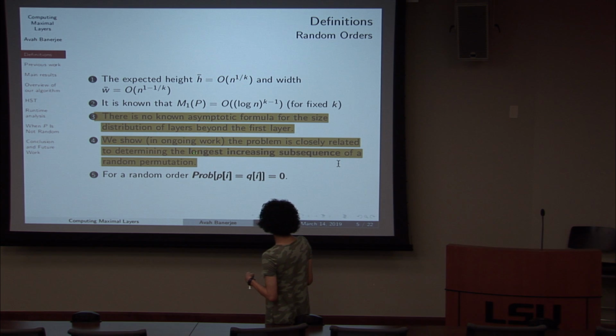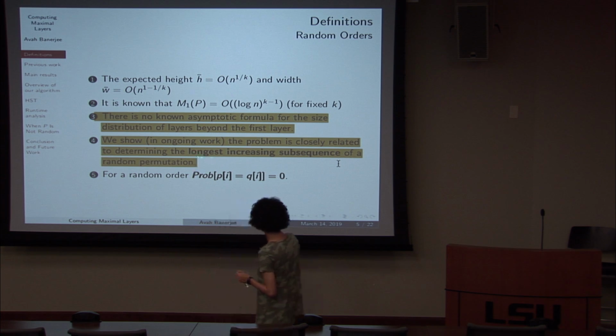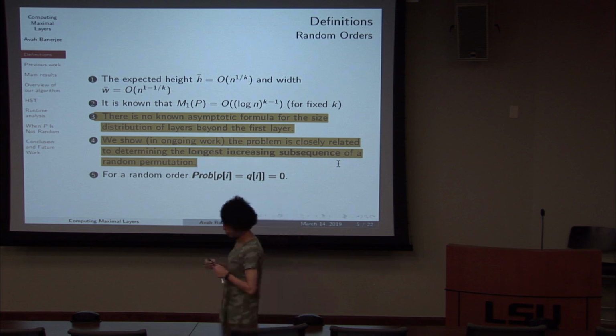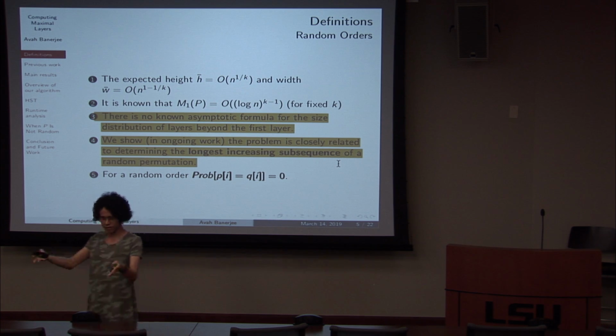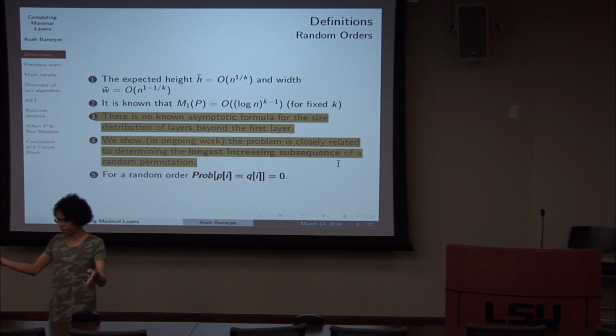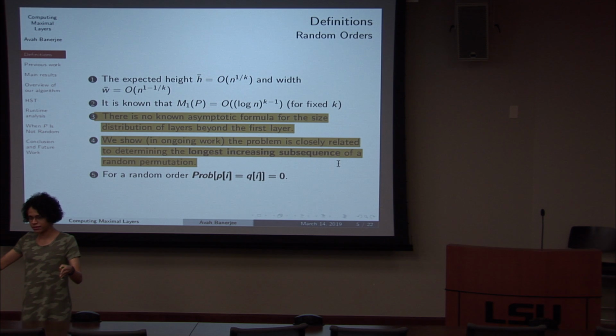But we showed that this expected size depends on the expected longest increasing subsequence. If you have n elements and a random ordering of the n elements, what is the expected size of the longest increasing subsequence?